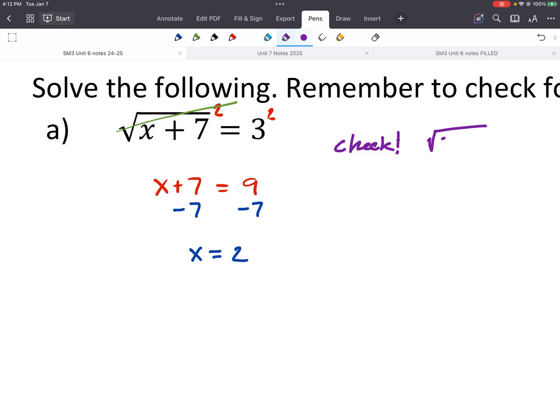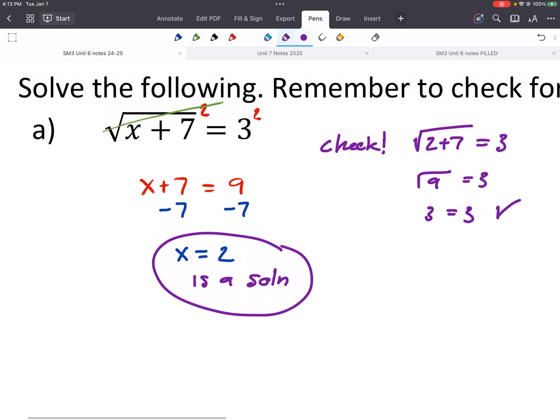So we have the square root of 2 plus 7 equals 3, and we're just going to simplify the left side. So that gives us the square root of 9 equals 3, and the square root of 9 is 3, so 3 equals 3. So check. X equals 2 is a solution of this radical function.